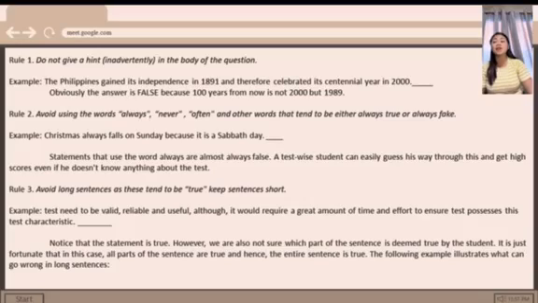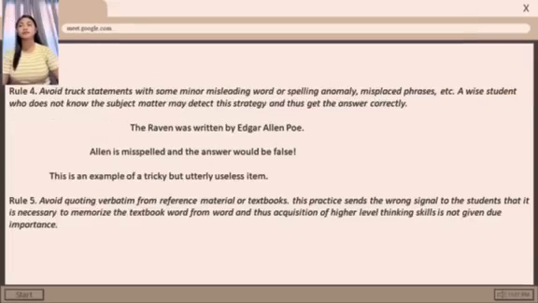It is just fortunate in this case. All parts of the sentence are true and the entire sentence is true. The following example illustrates what can go wrong in a long sentence.